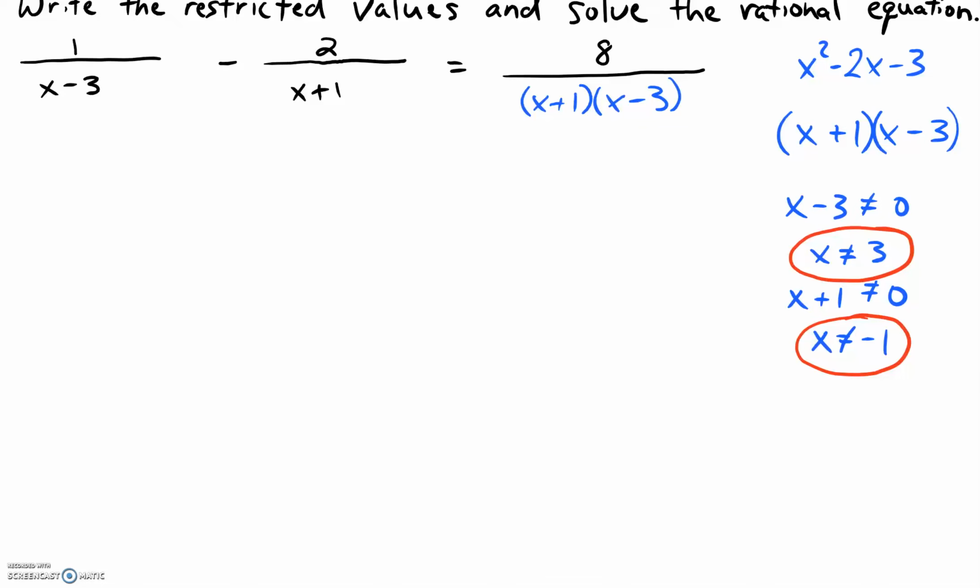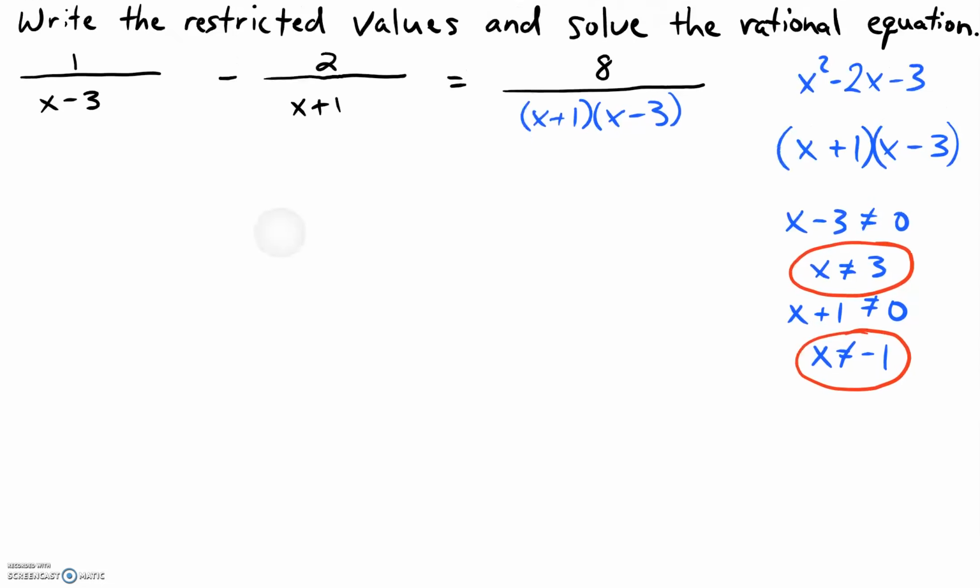So let's multiply that by each of the terms, x plus 1, x minus 3. Multiply the 2 by x plus 1, x minus 3. And multiply the 8 by x plus 1 multiplied by x minus 3.